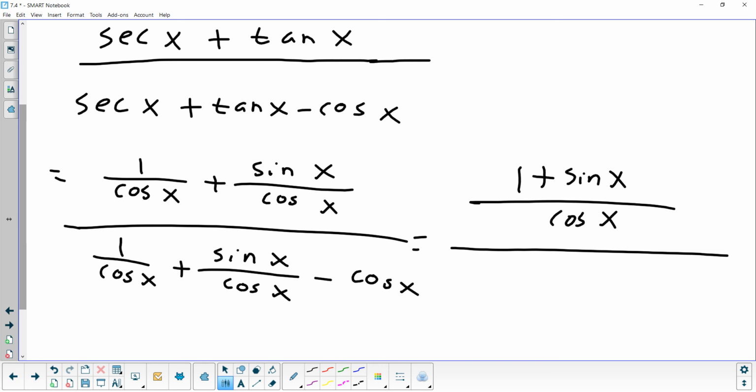Would you change the last one to cosine squared x over cosine? And then we can add that. Well, you can put it over 1 if you want to make it a fraction. But you're saying make it a common denominator? Yeah.